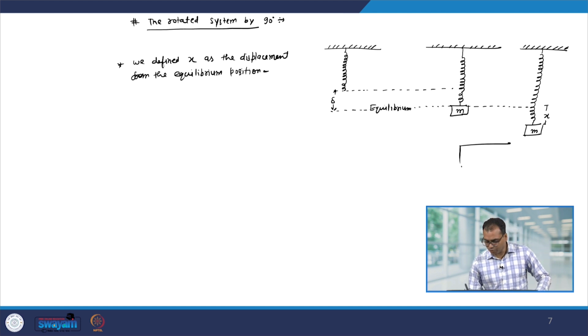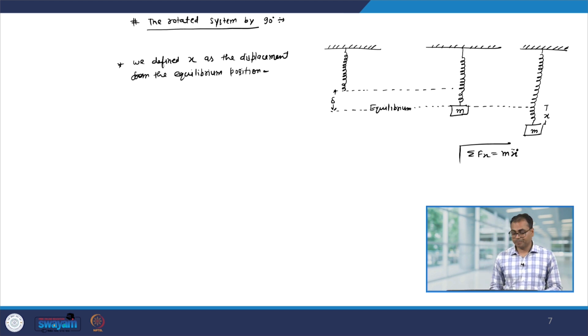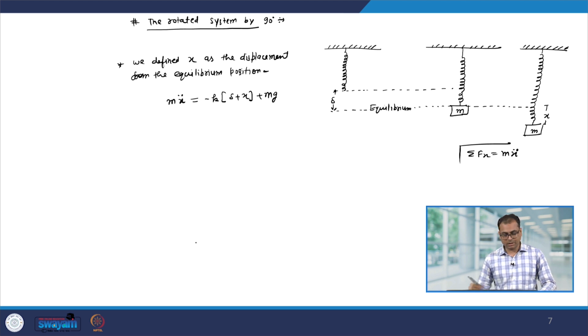So, the equation of motion will be summation Fx equal to m x double dot. So, we have m x double dot equal to, let us look at the forces that are acting on the spring. So, that will be minus k times the total extension in the spring, which is delta plus x, plus the weight of the mass which is going to act in the downward direction. Let us call this equation number 1.